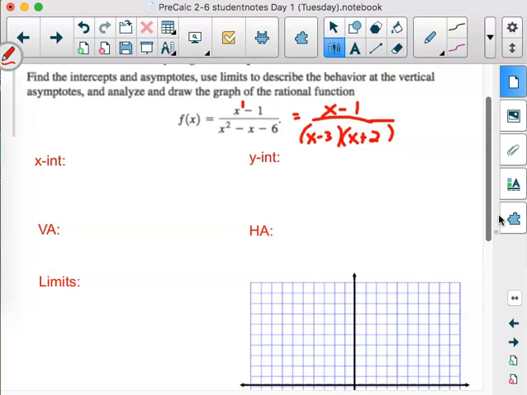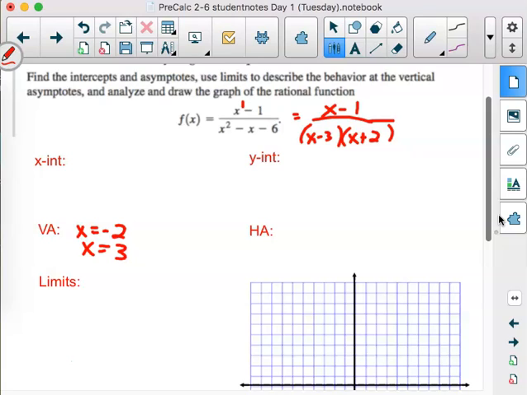We look at that denominator and say, okay, so if I have zeros down here in the denominator that are not going to cancel out, then I have vertical asymptotes. So my vertical asymptotes are going to be at x equals -2 and x equals 3. And I wrote those down according to the number line, but we'll take those in any direction. If you want to write x equals 3 and then x equals -2, it doesn't matter. So I have the vertical asymptotes done.